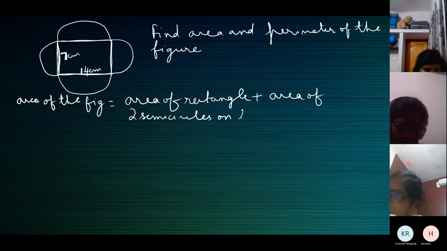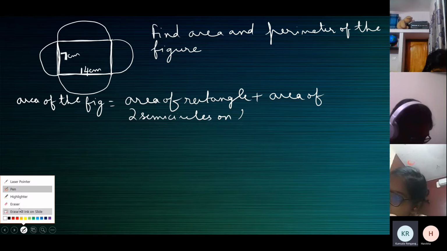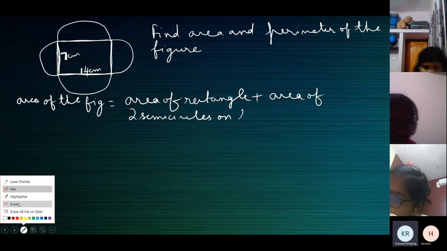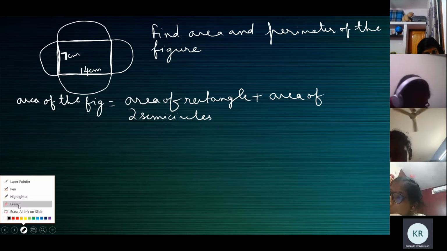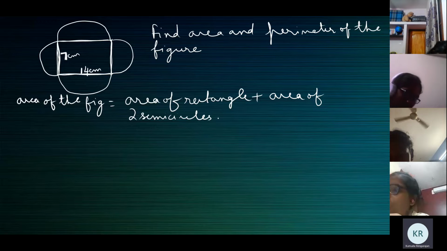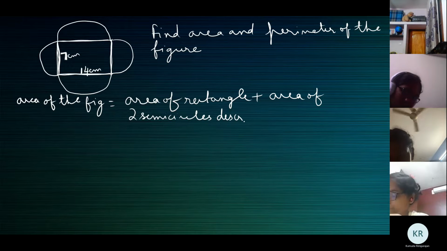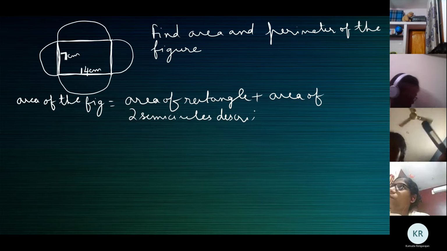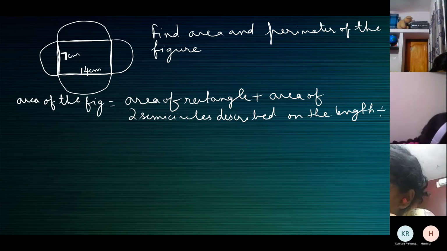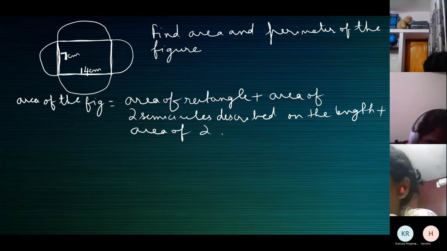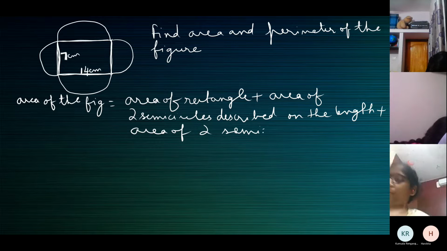described on the length, because the radius is different. Area of two semicircles described on the length plus area of two semicircles described on the breadth.